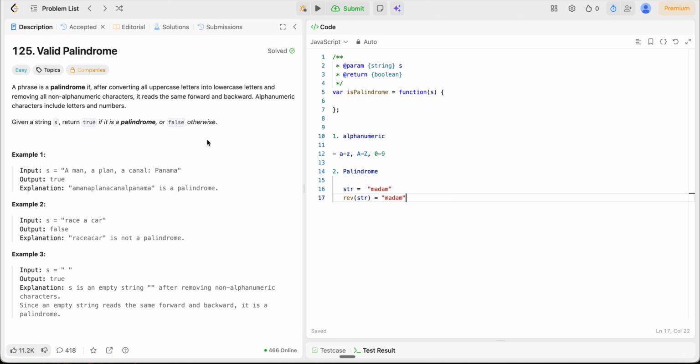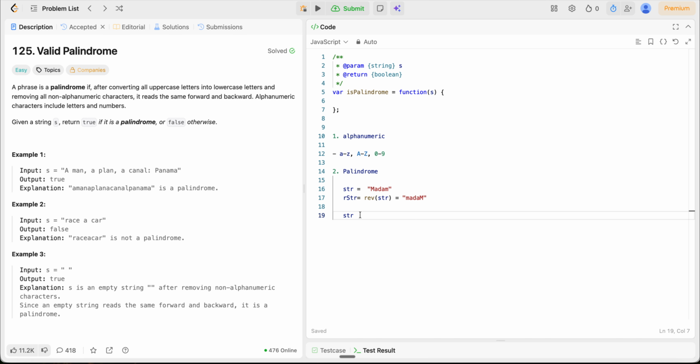But one additional case in this particular question is that they are not worried about the uppercase and lowercase letters. In that case, if I actually reverse it, I should be able to say that these are palindromes. How can I do that? Let's say the reverse of str is, let's give a name for that, r str.